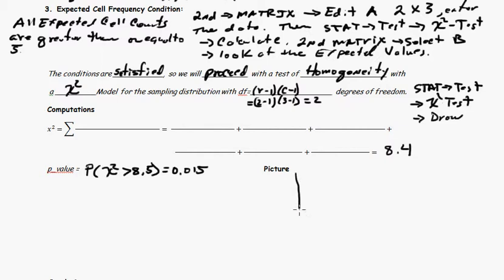If we drew the picture, it's not going to be that interesting. Don't draw a curve like this, because that would be with a chi-squared value that's a little bit bigger. Our chi-square value is very small, so it's more of a curve like that. But because the p-value is so small, you hardly want to shade anything at all.